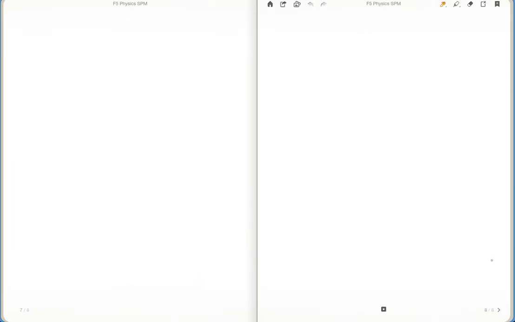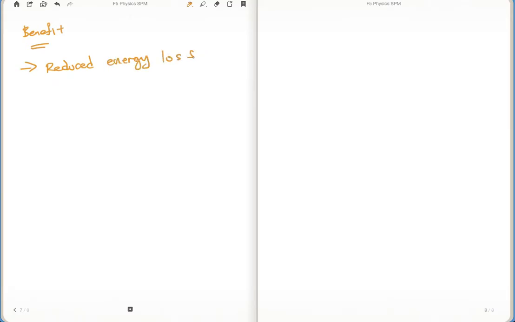So in an essay question you will talk about what the benefits are. What would be the benefit for the national grid network? Why do you need to do that? One of the benefits would be reduced energy loss, because it is being transmitted at high voltage.